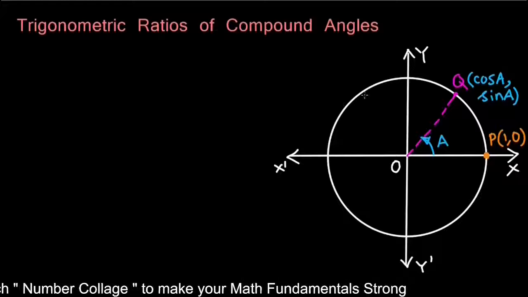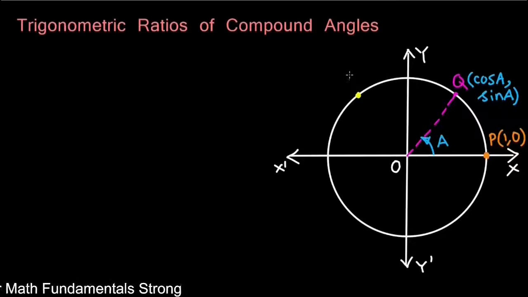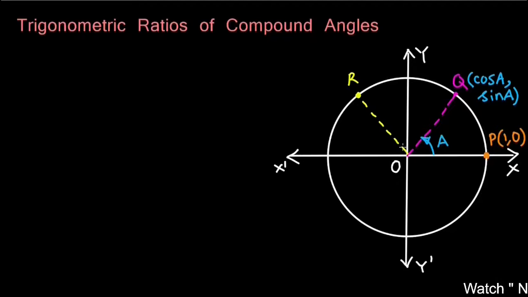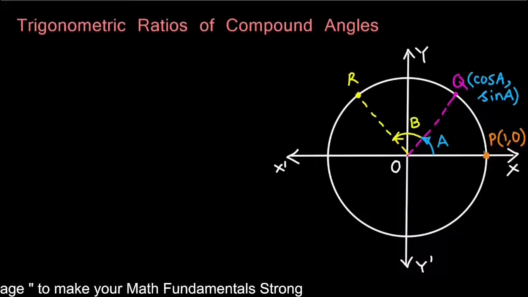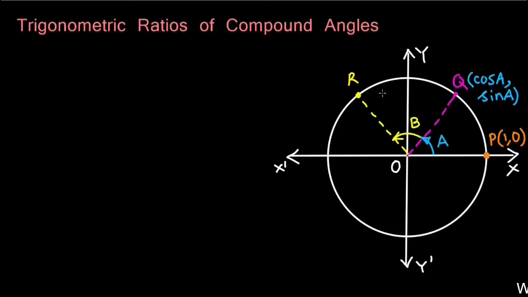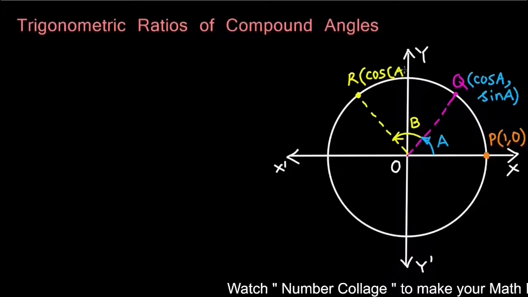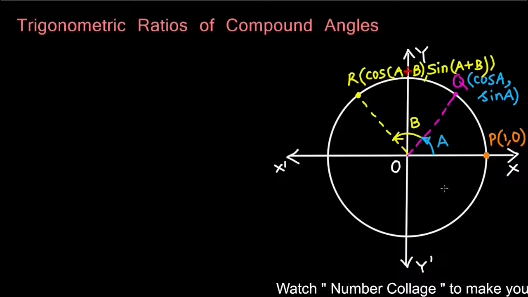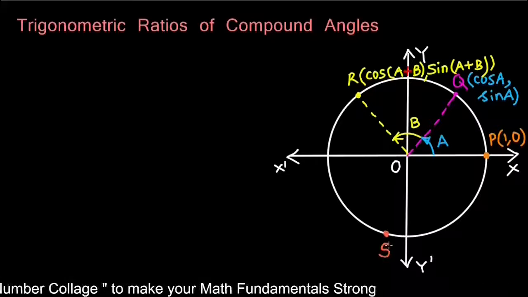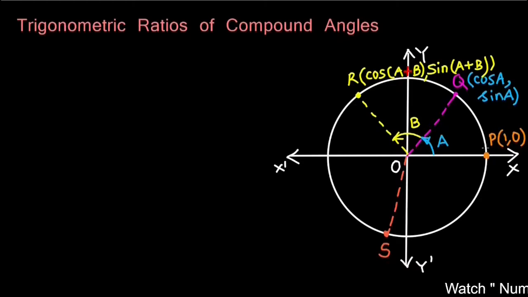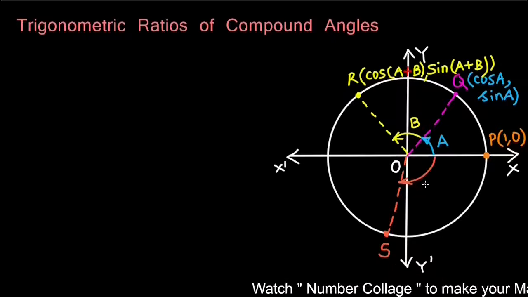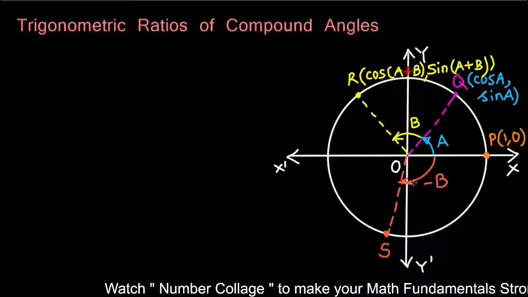Next, we will take another point R on the unit circle and join R with the origin so that angle QOR is angle B. Now, angle POR is A plus B, therefore coordinates of point R will be cos A plus B, sin A plus B. Next we will take another point S on the unit circle and join the origin with S so that angle POS becomes minus B due to clockwise rotation.